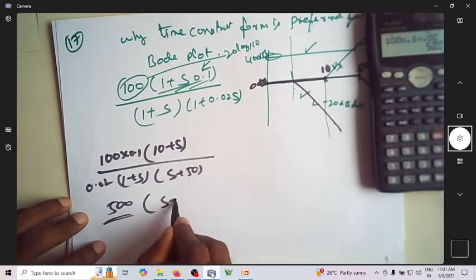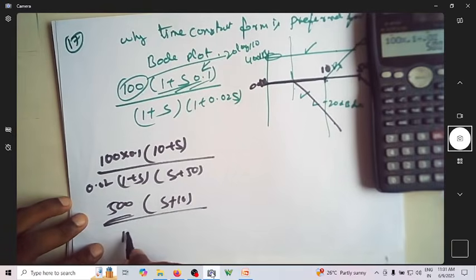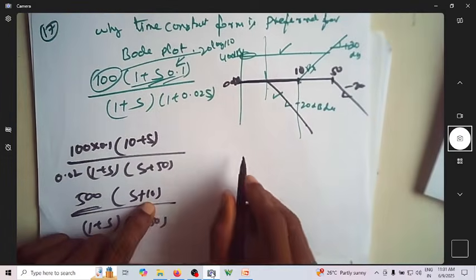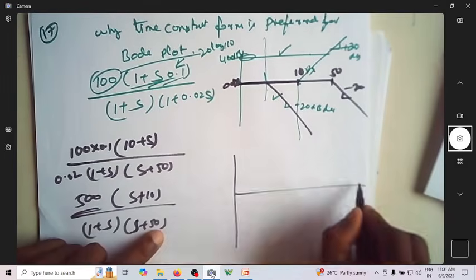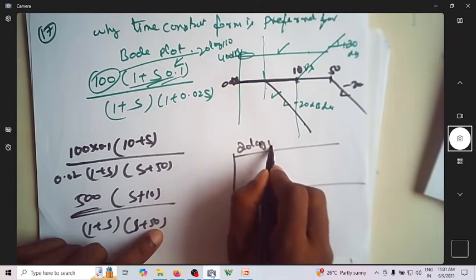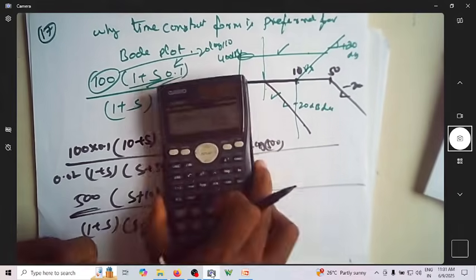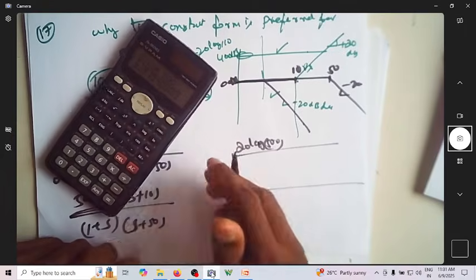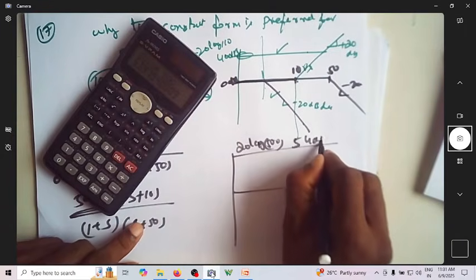So it is now (s + 10) over (1 + s)(s + 50). What is 20 log of 500? It is 54 dB.